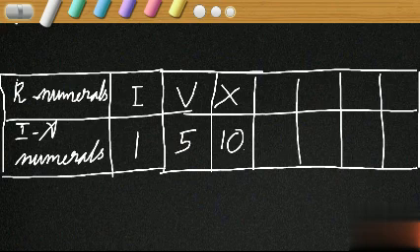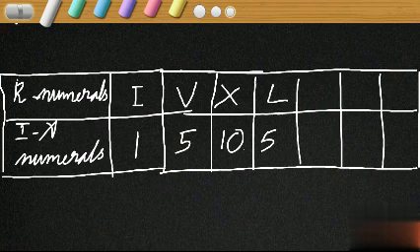Next we have our Roman numeral L. L is equal to 50 in our Indo-Arabic numeral. Next we have our C in Roman numeral and C is equal to 100 in the Indian system, Indo-Arabic numerals.